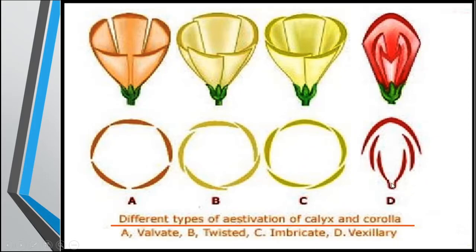Now vexillary, and this is the peculiar example of the pea plant, leguminous plants, where the biggest one is known as standard, the two smaller ones are the wings, and the smallest is known as keel. So there are 4 types: valvate, twisted, imbricate, and vexillary type of aestivation.